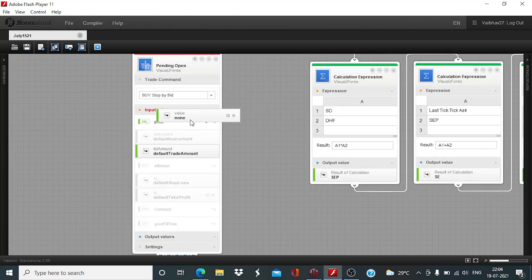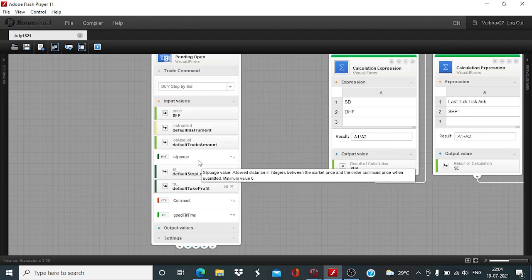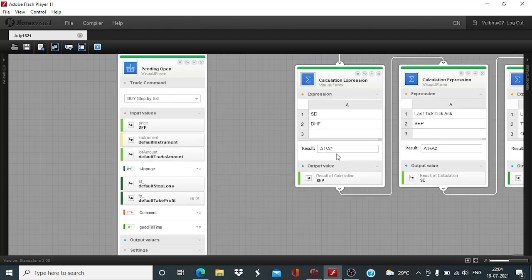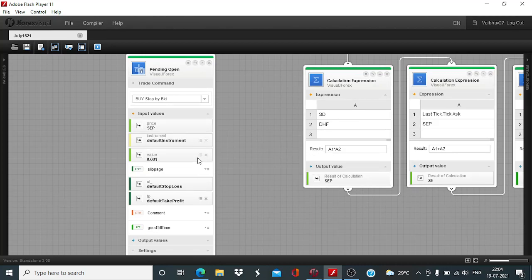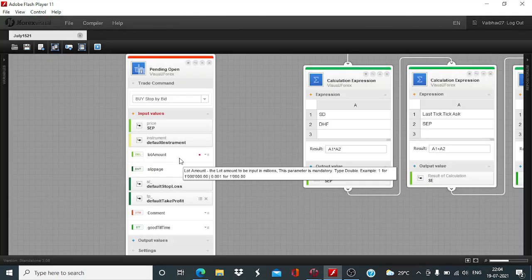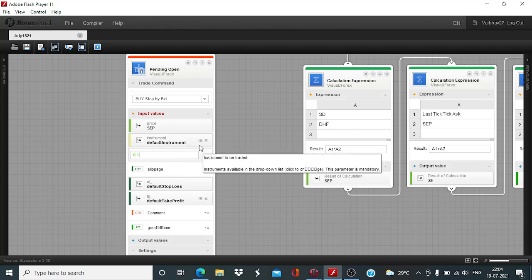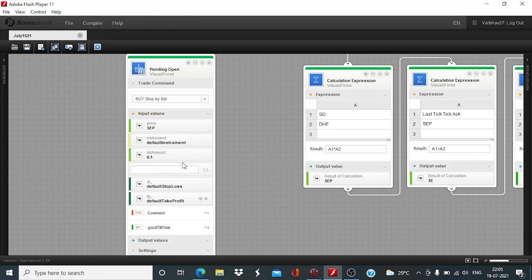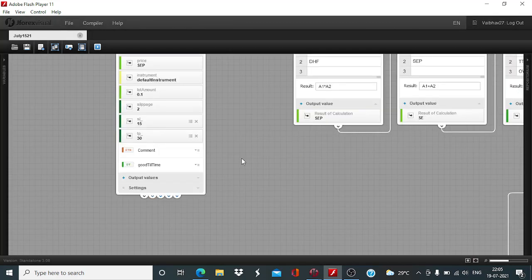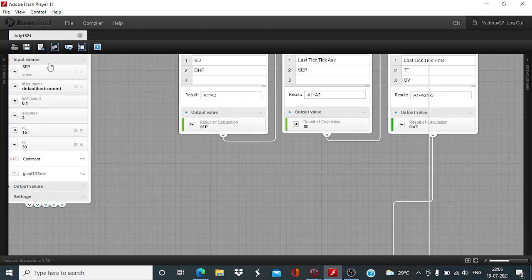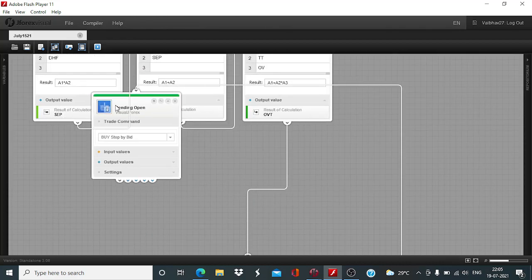Sell execution price is as per this calculation. Default instrument remains as it is. Trade amount is going to be 0.1 million. Slippage 2 pips. Stop loss, we are going to work with a combination of 15 pips and 30 pips. And order validity, as per this calculation, 1.5 hours.